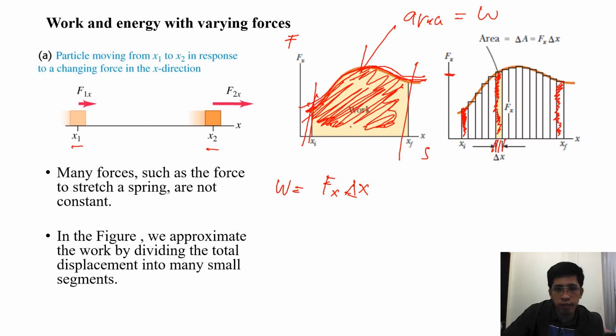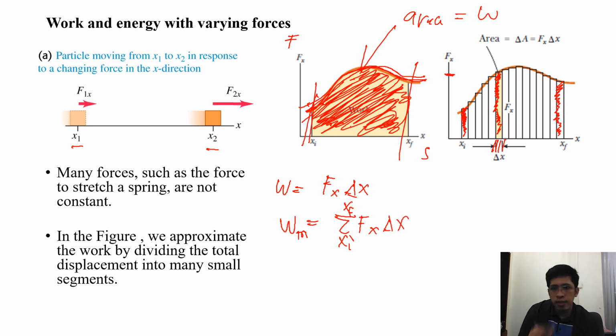But we have many of these rectangles. So in order to get the total area that we wanted, you sum all your rectangles, right? So the work total is equal to the sum from xi to xf of your Fx delta x.